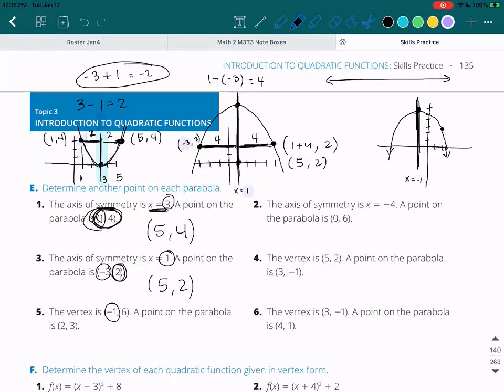So our point is 2, 3. To solve for the distance between 2, 3 and our axis of symmetry, we're going to take the x value, which is 2, and subtract the axis of symmetry number.